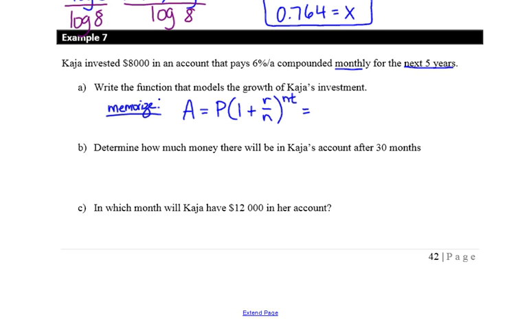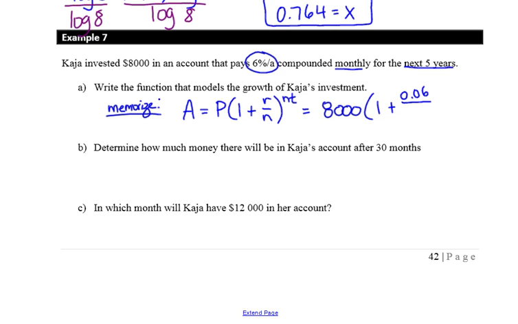Okay. So P, what's P? That's our principal investment. So how much did we invest? 8,000. 1 plus, we have to do what to our percent? Make it a decimal. So what is it as a decimal? 0.06. Remember, percent, cent stands for century, 100, per 100. 6 per 100, 6 over 100.